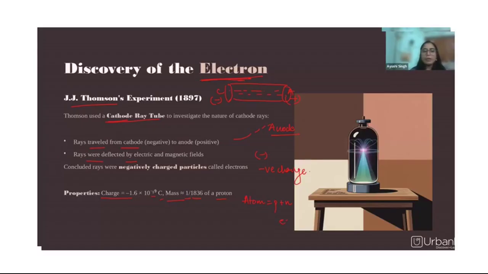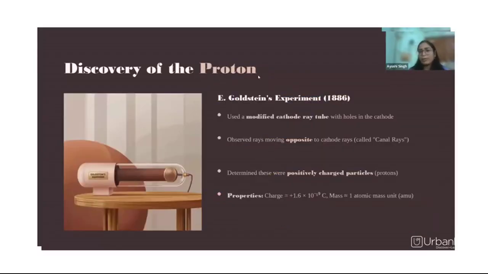Now, how did we discover proton? Not exactly we, but the scientists. So E. Goldstein did an experiment. He used the same cathode ray tube, but he modified it a little bit. Now what he observed was rays moving opposite to cathode rays.